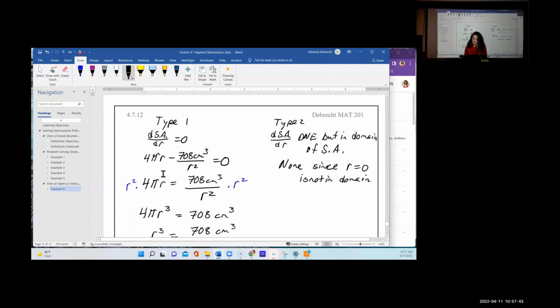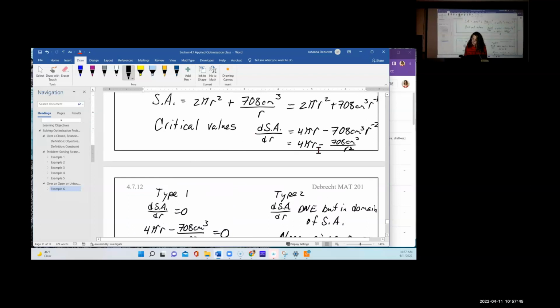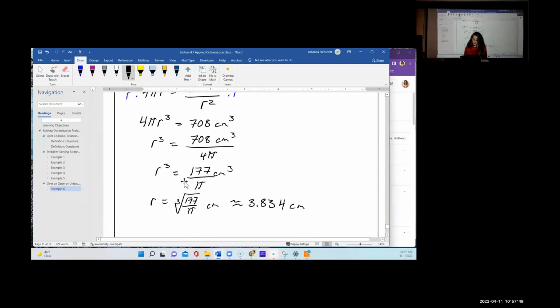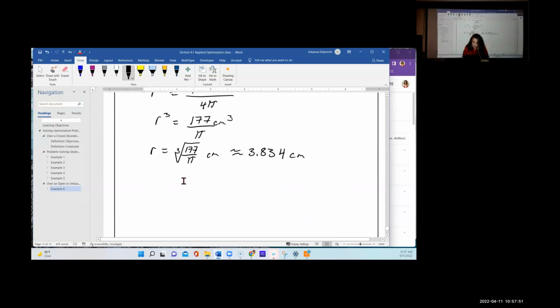So I'm going to test it in the second derivative. So here's my first derivative up here. So let's write the first derivative again and find the second derivative.